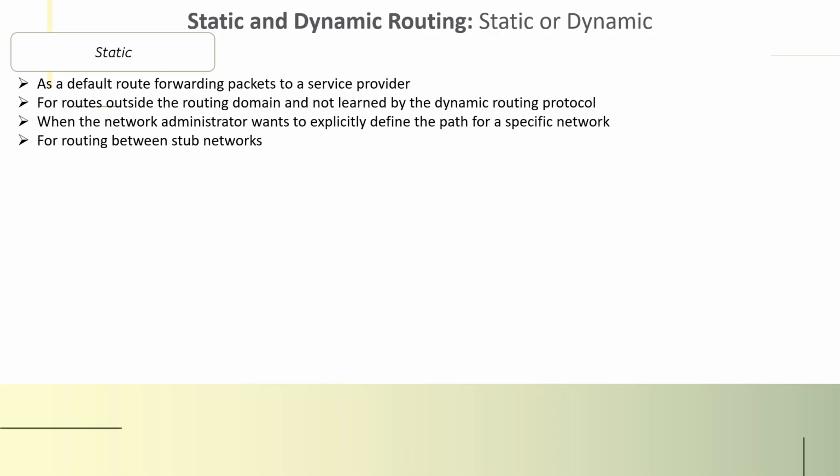Static routes are useful for smaller networks with only one path to an outside network. They also provide security in a larger network for certain types of traffic or links to other networks that need more control.